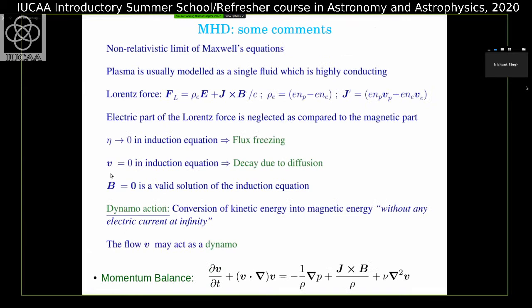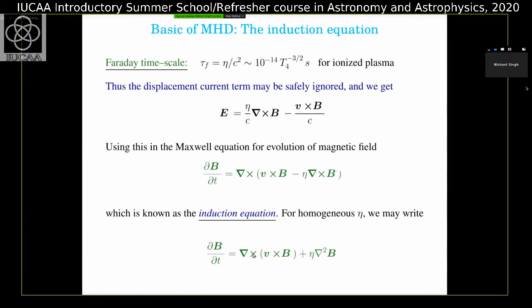If there was no velocity field, then this was a diffusion equation, and the magnetic field will decay. You can work out that if eta is very small, the decay time scale is very, very large. So the decay time scale will go as 1 over eta, right? Yeah. Some length scale squared divided by eta is your rough decay time.